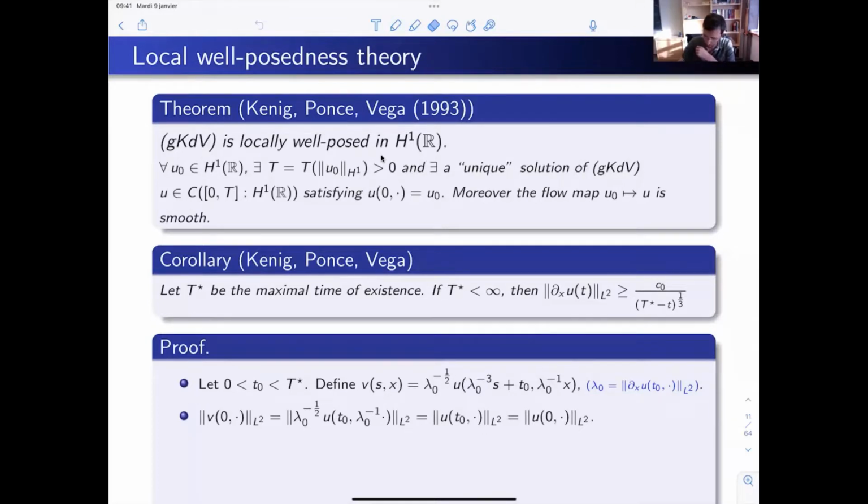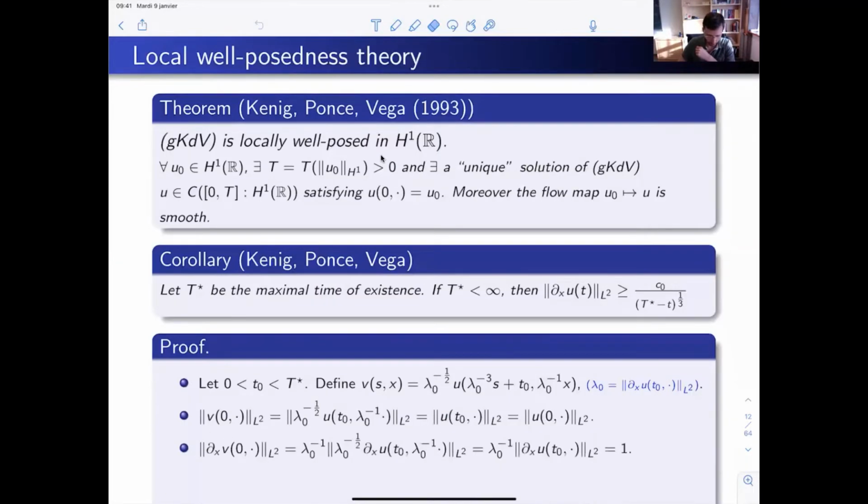And somehow you would like to do the same for the derivative of V at time 0. So you do the same computation. The only difference is that since you differentiate once in x, you get a lambda naught to the minus 1 in front. Then you also use the scaling invariance.